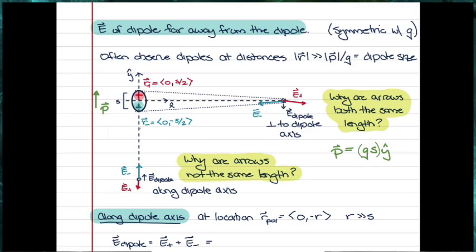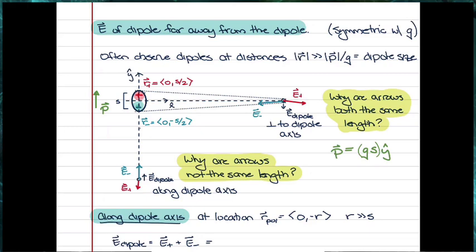So again, I leave it as a question to you: if I have this location here, then the positive charge is going to create an electric field that points away from the positive charge, and the negative charge is going to create an electric field that points towards the negative charge. And I'll let you see if you can argue why these two vectors must be the same length.